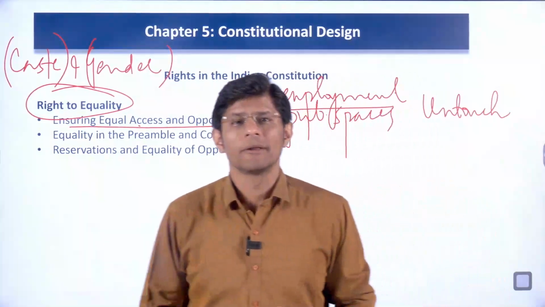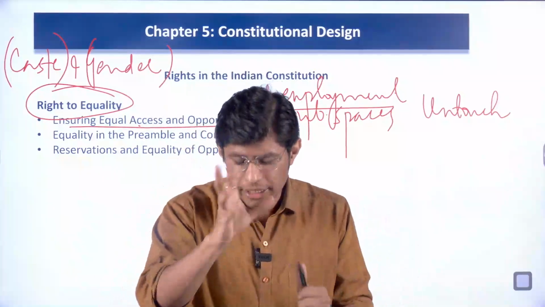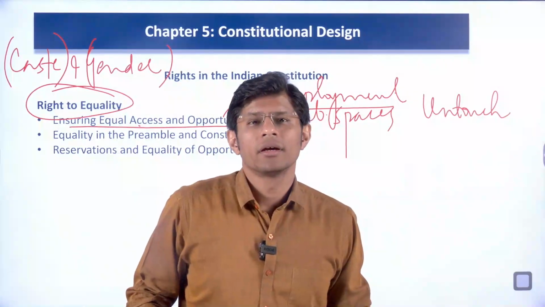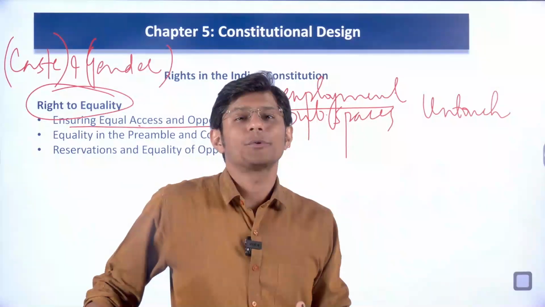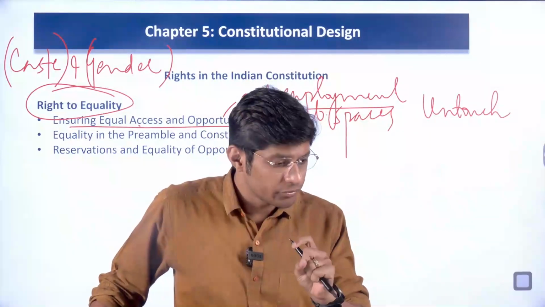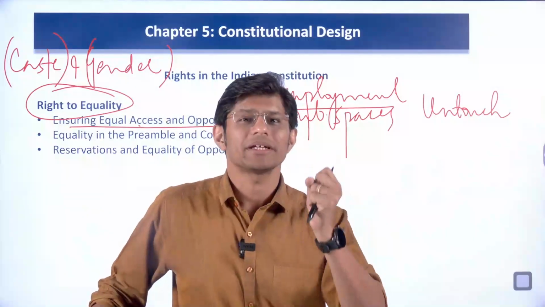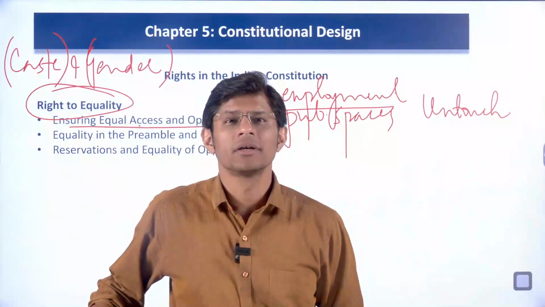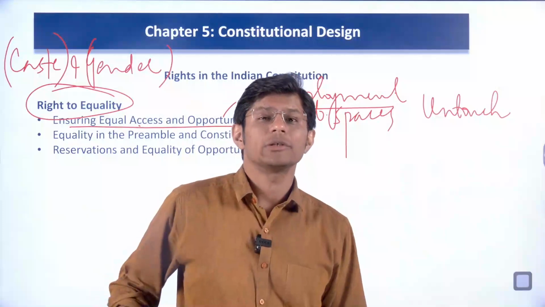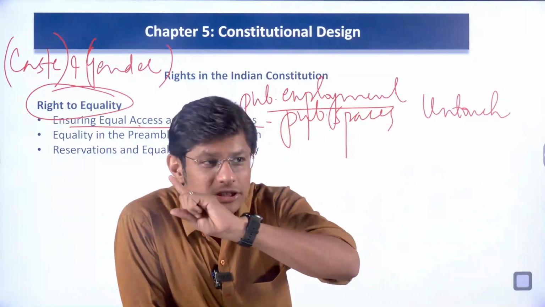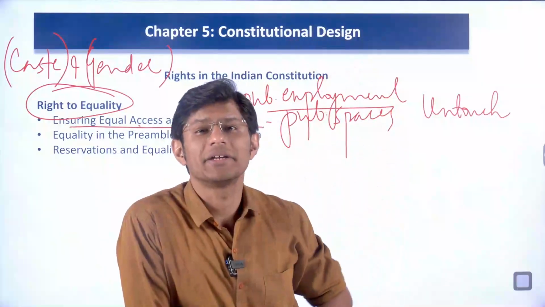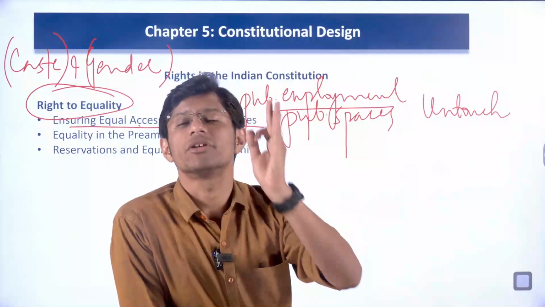People were not even allowed to visit places of worship, not allowed to use the same place as meant for other groups. And that's the reason the Constitution explicitly abolished untouchability in Article 17. It made it a punishable offense.